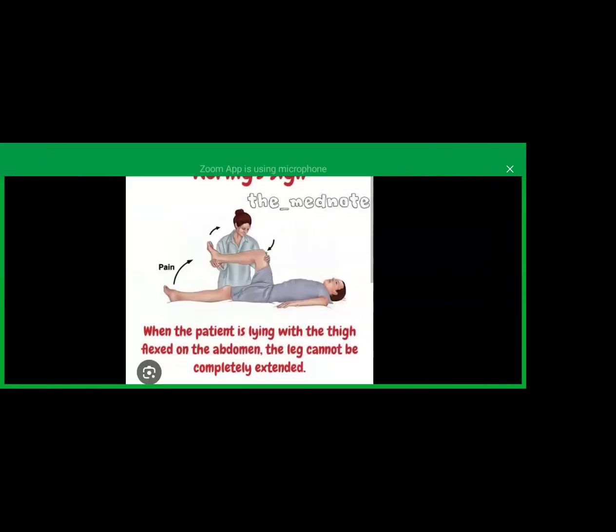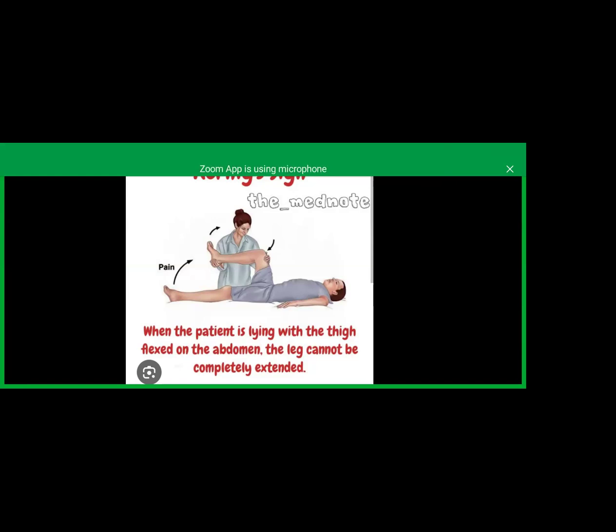In Koenig sign, first of all, we flex one of the lower limbs. We flex it at the thigh, at the pelvic joint, and raise it up. When we raise it up, look at the knee. Sorry, the knee is still flexed in this picture. So we have flexed at the thigh, and we have also flexed at the knee.